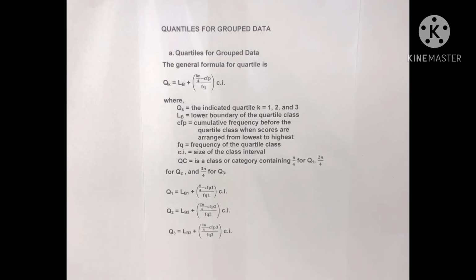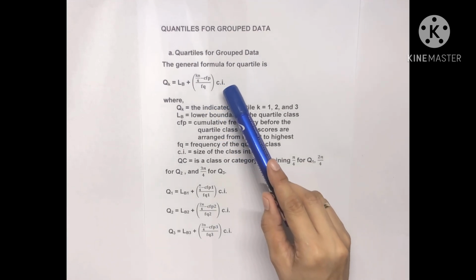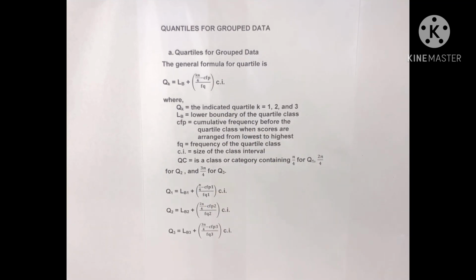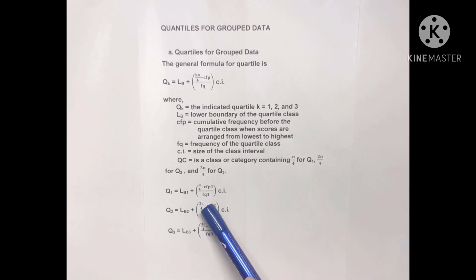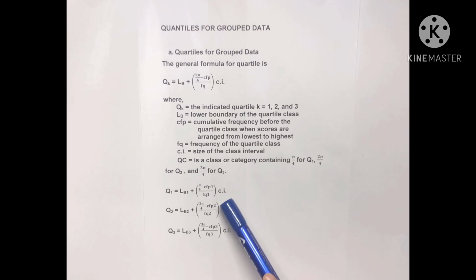Okay, so the formula, you have to apply the general formula. If you are going to get the Q sub 1, it will be equal to LB1 plus n over 4 minus CFP1 over FQ1 times CI.